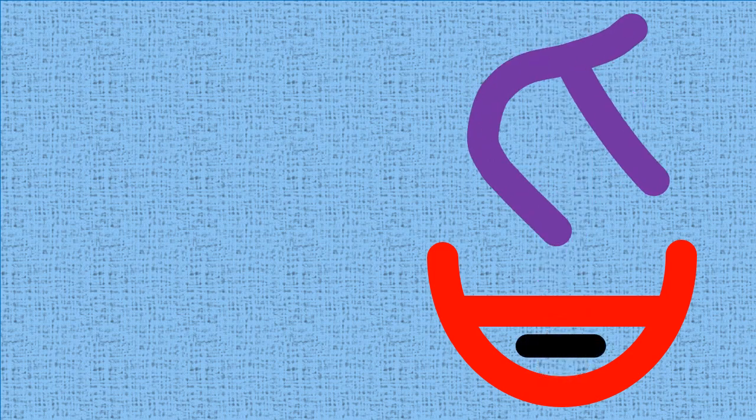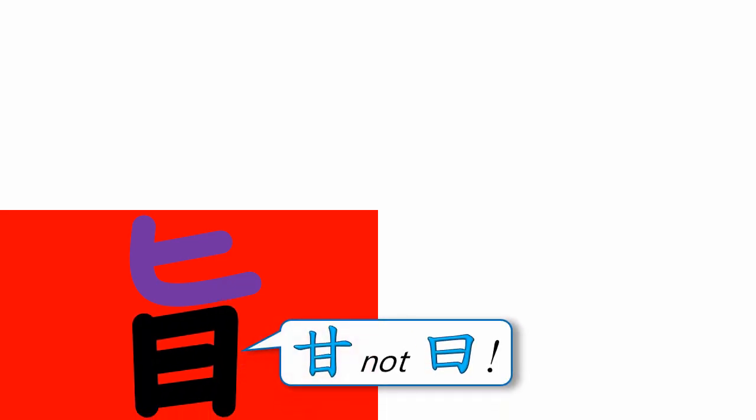The third character in today's lesson is a drawing depicting a spoon carrying food to a mouth. Its earliest meaning was to savor delicious food. Pronounced third tone, 指.